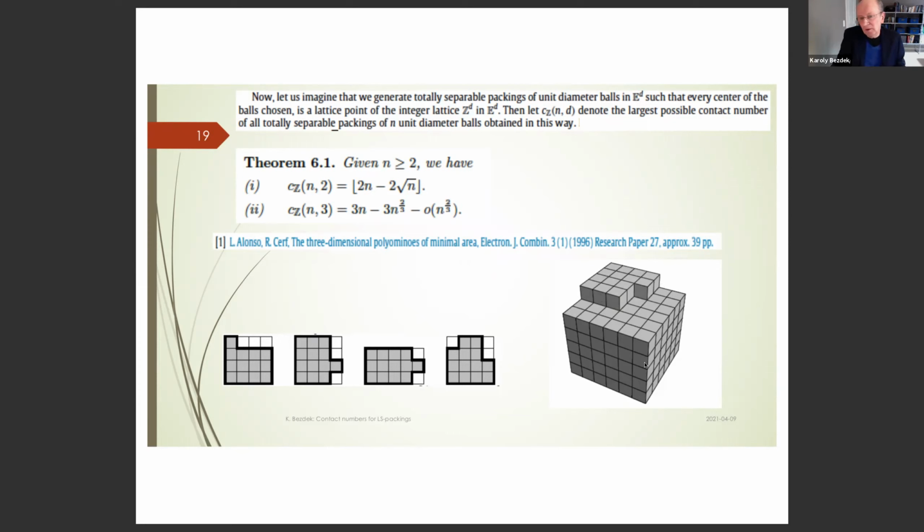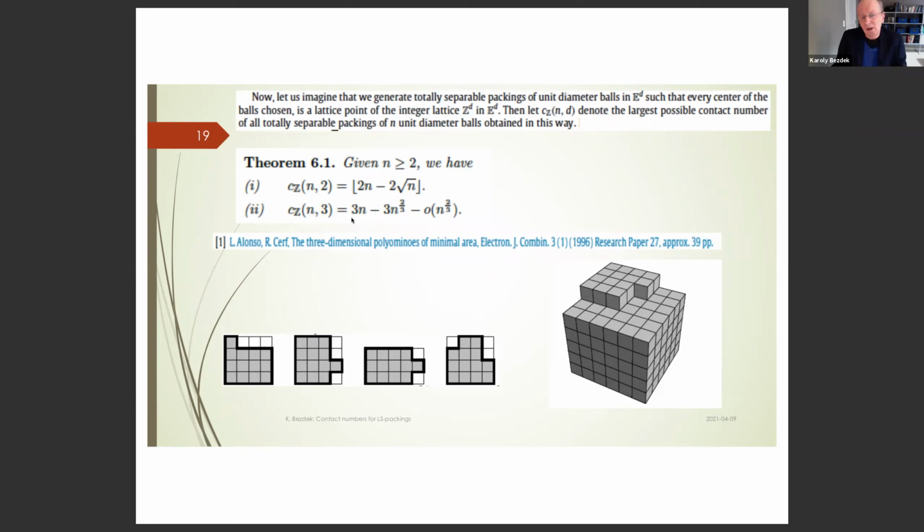This diagram tells us how to do this. We have to put the n unit cubes as close to each other as possible, forming a quasi-cube.